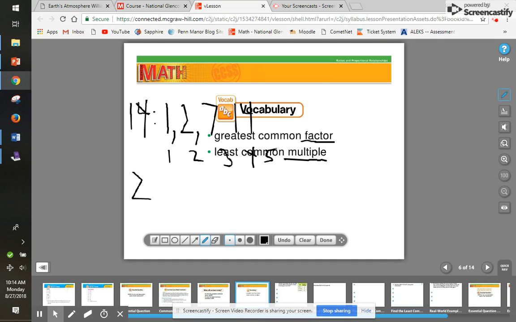And that's what it is. So the multiples of 2 are 2, 4, 6, 8, 10, into infinity. So that is what factors are to me, smaller numbers, multiples, the bigger numbers, and we'll talk about that a little bit more in class.